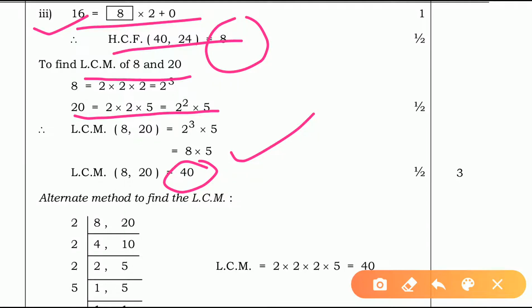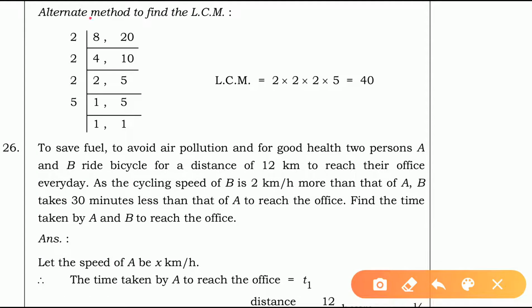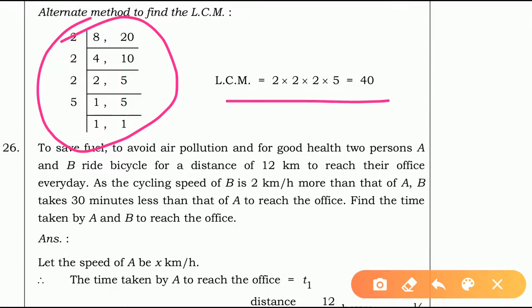Or we can use the alternative method, which is familiar to all students, to find the LCM of 8 and 20. The LCM of 8 and 20 is 40.